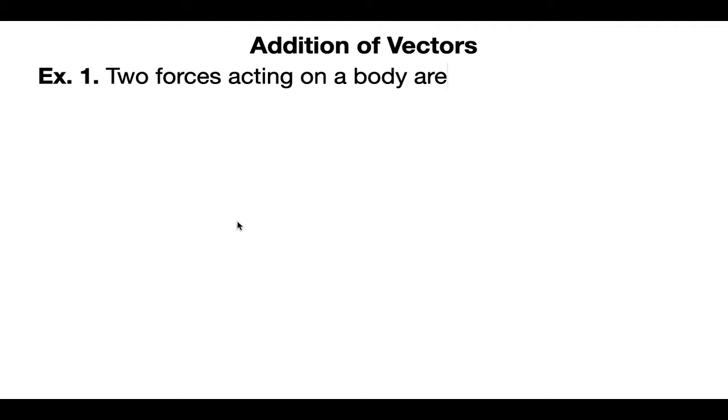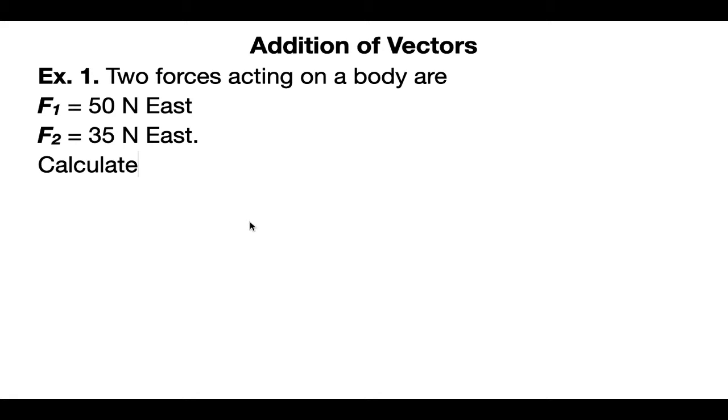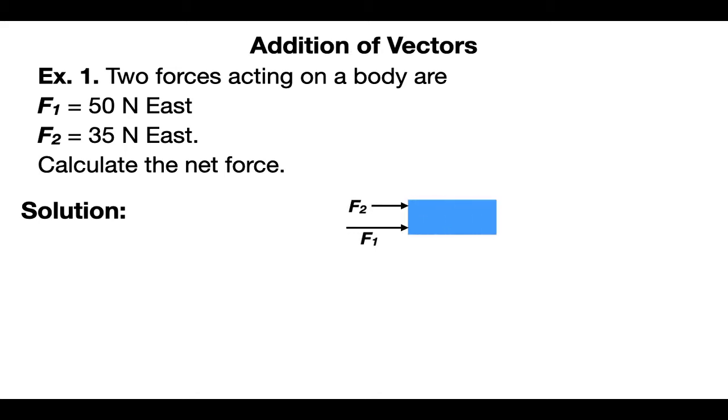Illustrative example, two forces are acting on a body. F1 is 50 Newton, F2 is 35 Newton east. Calculate the net force. We have an object, and on this object or on this body two forces are acting. Magnitudes are different.